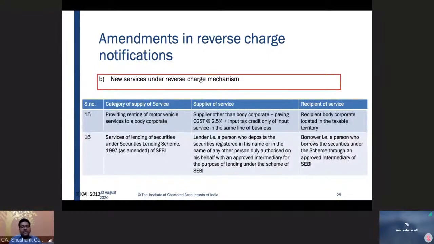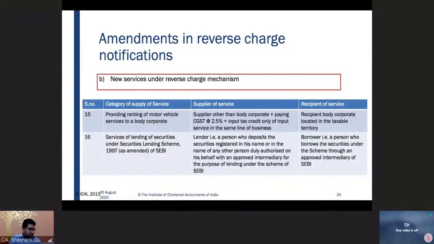Lender: a person who deposits the securities registered in his name or in the name of any other person duly authorized on his behalf with an approved intermediary for the purpose of lending under the scheme of SEBI. And borrower is a person who borrows the securities under the scheme through an approved intermediary of SEBI.